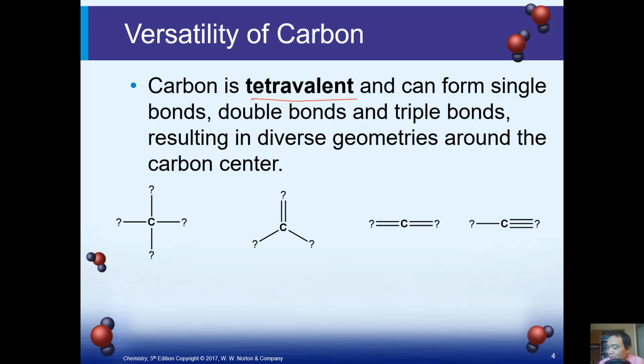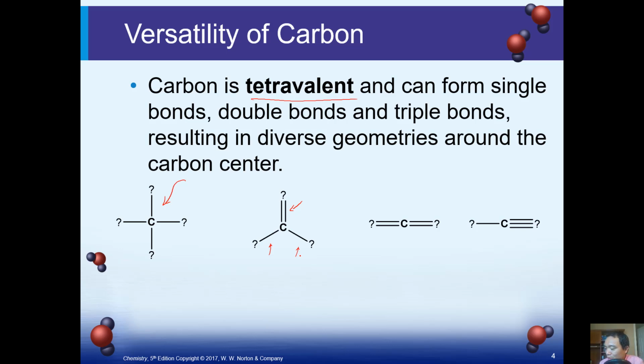For example, in the first example, you see 4 single bonds surrounding the carbon. The second one, you have a double and 2 singles. The third, you have a double-double combination, and the last one, a single and triple combination. In this way, it creates very diverse geometries around the carbon center.